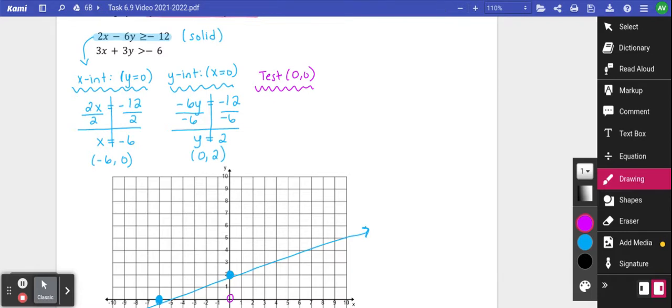If I plug in 0 and 0, I get 2 times 0 minus 6 times 0 is greater than or equal to negative 12. This part of the problem simplifies to just 0. And since 0 really is bigger than negative 12, this is true.